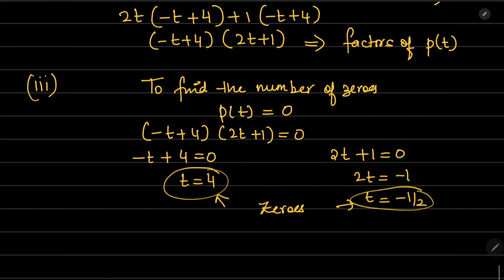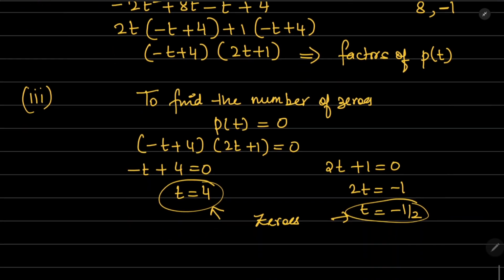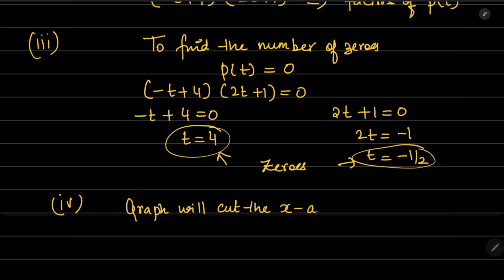And last question, where will the graph of P of t cut the x-axis? Obviously at the zeros, right? So the fourth point is the graph will cut the x-axis at x is equal to 4 and at x equal to minus 1 by 2.